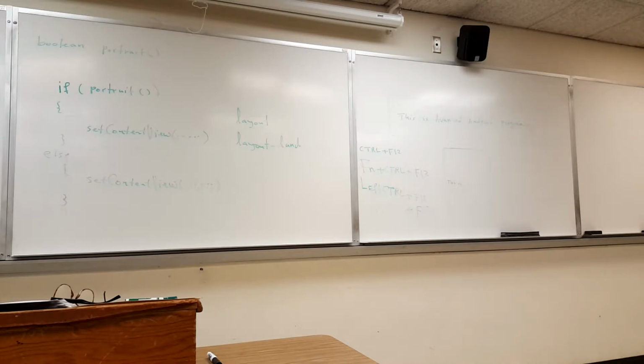We have two different choices in this case. One choice is we make different activities for each device, okay? First of all, we need to know in what device we are working on. I discussed it last time. Do you remember that we would find out if you're on a cell phone, or a tablet, or a TV, or a wristwatch, and so forth, right?